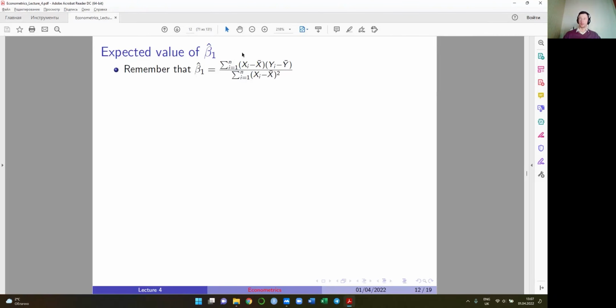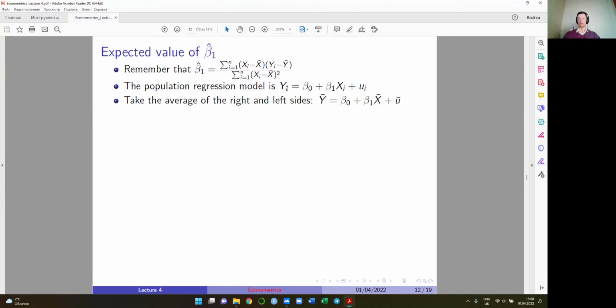So let's take one particular way of beta 1 hat calculation. We know that the OLS estimator for beta 1 might be calculated like this. Now, if we believe that Y, the population regression model, looks like this, we can take the averages of the left and the right hand side of this population regression model like this.